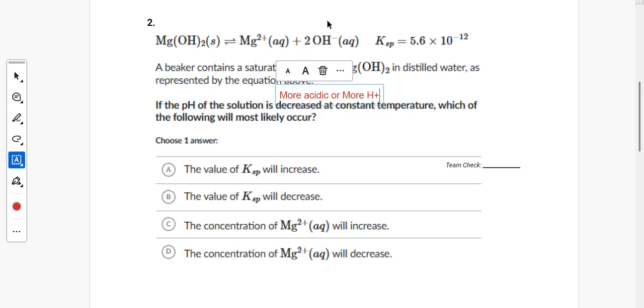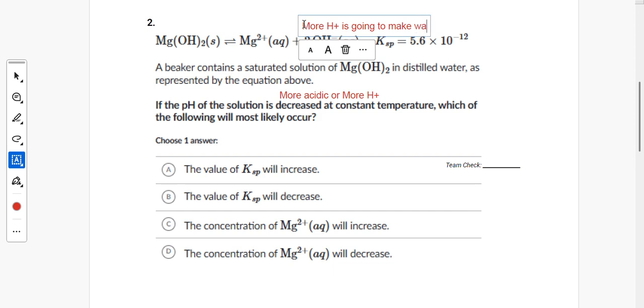So let's look at this. If I add more hydrogen, more hydrogen is going to make water and reduce, and so it's going to steal the OH ions.